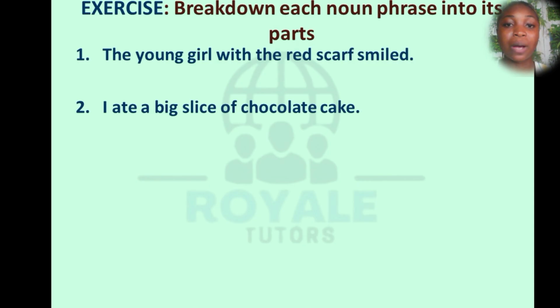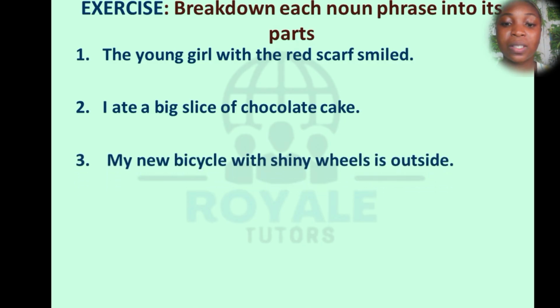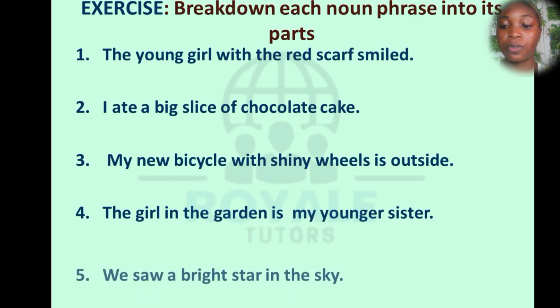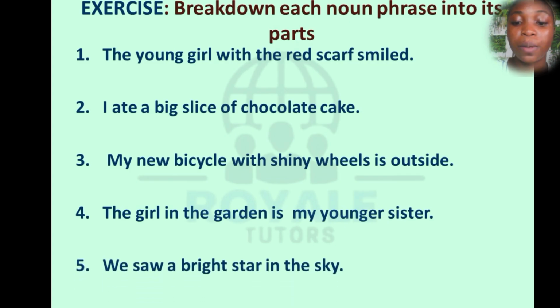You have to pick out the noun phrases and then break them down into the different parts that we have. A new bicycle with shiny wheels is outside. You pick out the noun phrase and then break it down into the different parts of a noun phrase. And then the last one, we saw a bright star in the sky.